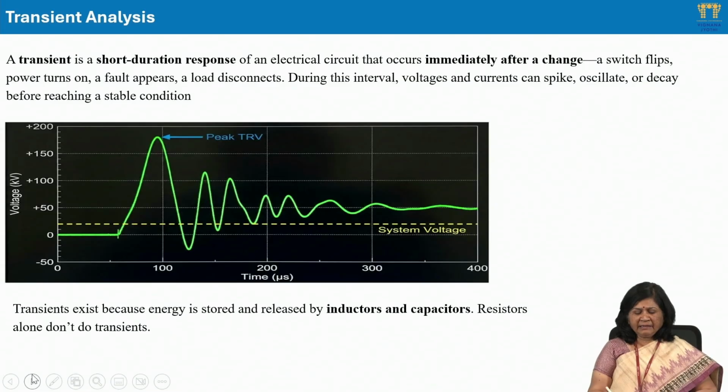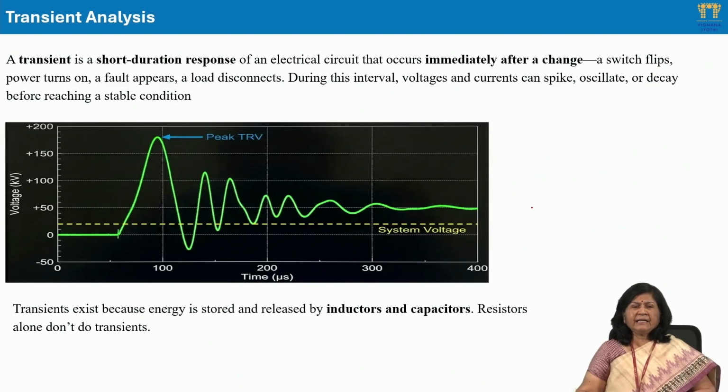So here is a small example you can see here. There is a voltage which goes to the peak value, and then it oscillates for some time, and then it settles down after some period of time to one steady state value.